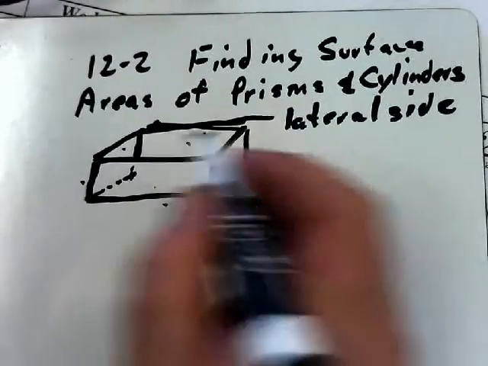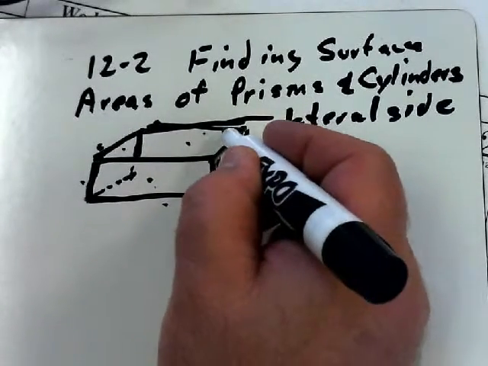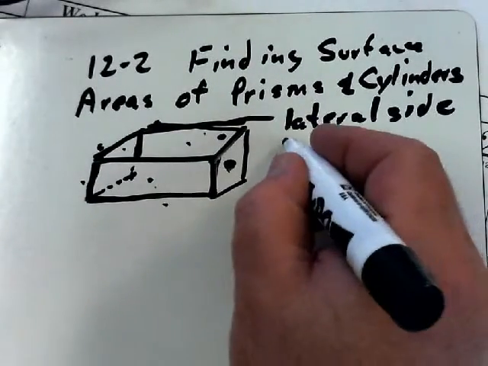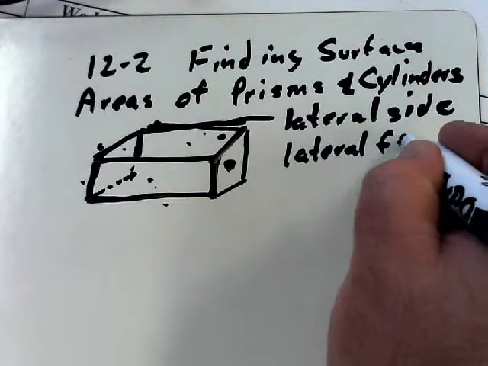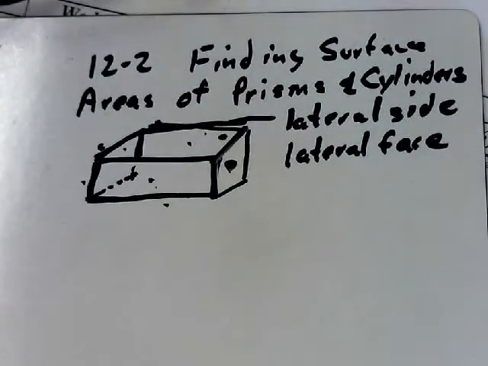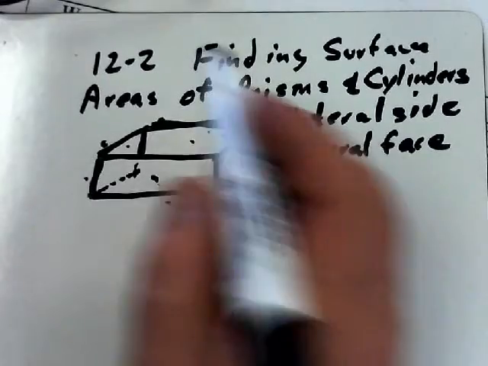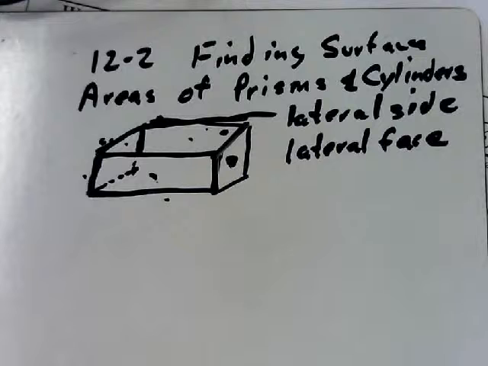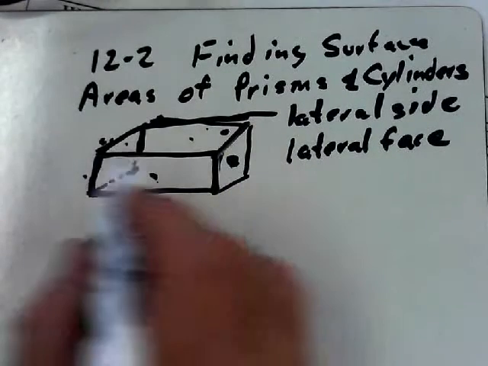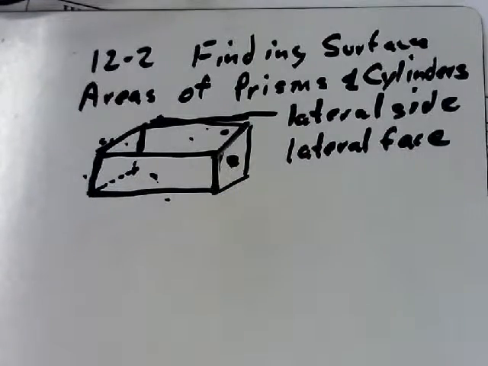Each one of these that I'm putting a dot in, and back here, would be called a lateral face. So this is a face, this is a face, this is a face, back here is a face. In this particular prism, there happens to be 4 of them, right? One here, back here, and in front. Those would be the lateral faces.